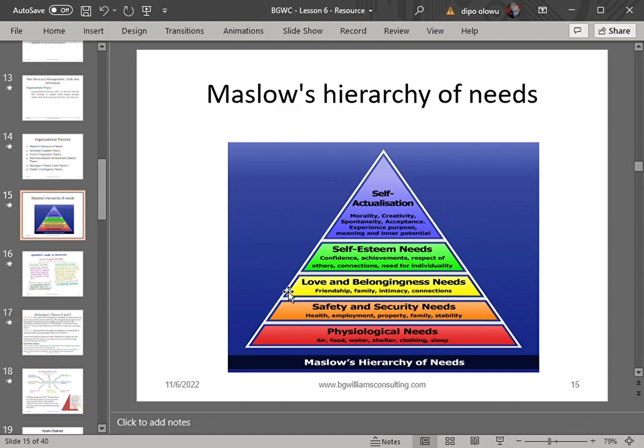So a time will now come that you are no longer worried about safety. What you are more worried about is affection, love and belongingness, social needs, which has to do with connection. You are worried about the classes of people you want to associate with. Why are you worried about those classes? Because you want to get connection. You want to be intimate.